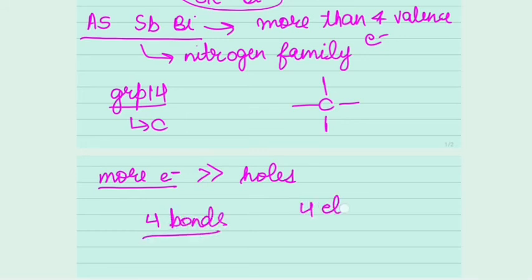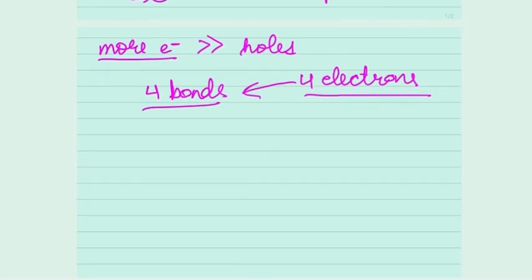We know that 4 electrons are consumed in making these bonds. But now we require the N-type semiconductor, meaning we actually require free electrons. How will we get that?